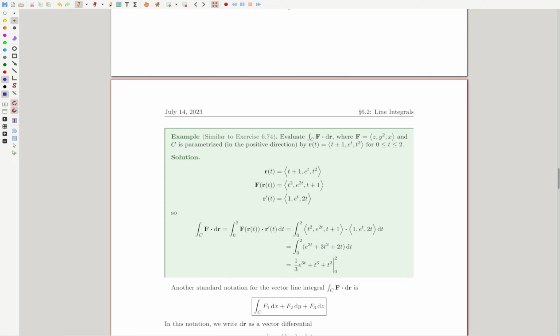Oh, and I didn't write down the final answer here. Well, at 0, it's 0. No, it's not. Actually, it's not, is it? Because this is going to give you something. Alright, so that's a little bothersome. 1/3 e to the 6th plus 8 plus 4 minus 1/3 because of the e to the 0.